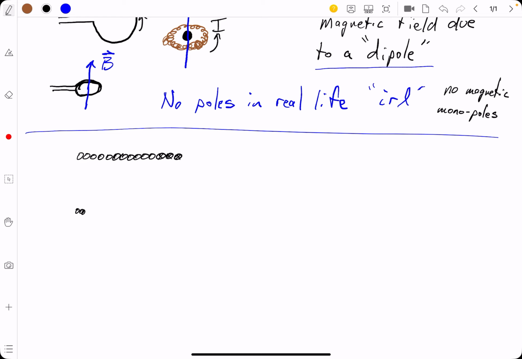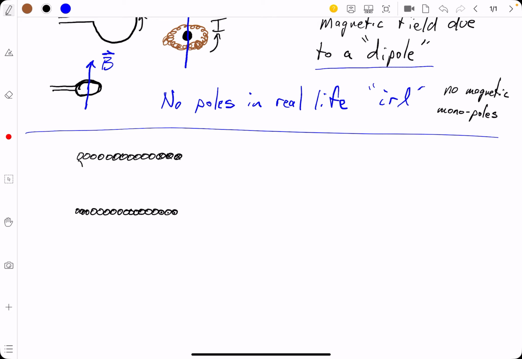On this side, we've got the same thing happening, but these guys are flowing out of the page. And so you can put your thumb along the wire.